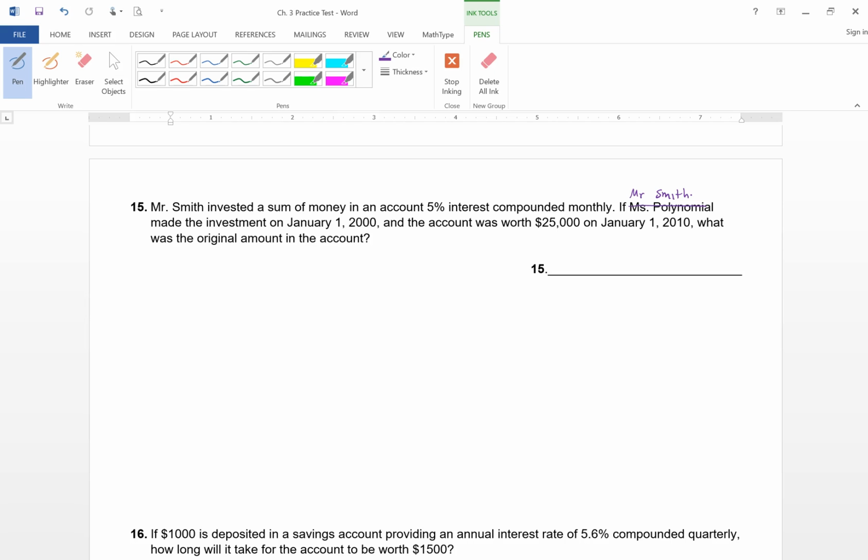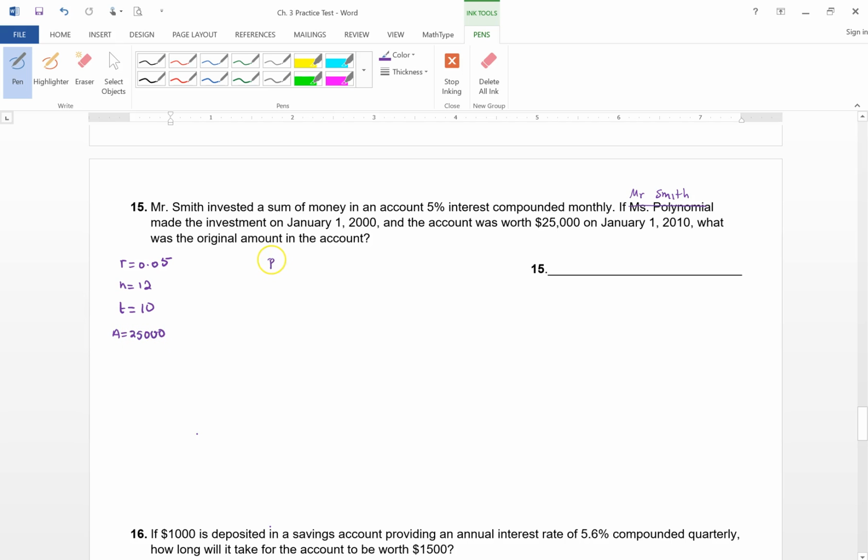Okay, so what we have here is r is 0.05. The fact that it's compounded monthly means n equals 12. t is 10. A is 25,000.